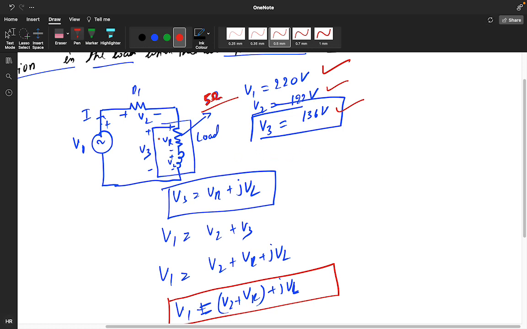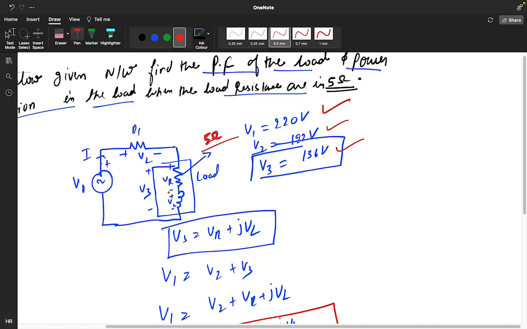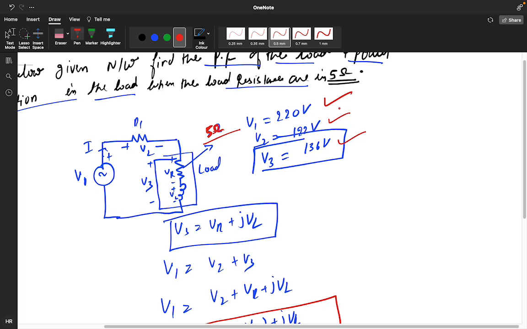If you apply the KVL, we have the resistance of this, and we have the V2 value. So can you find the value of V3 and VR? See, V3 is VR plus JVL.